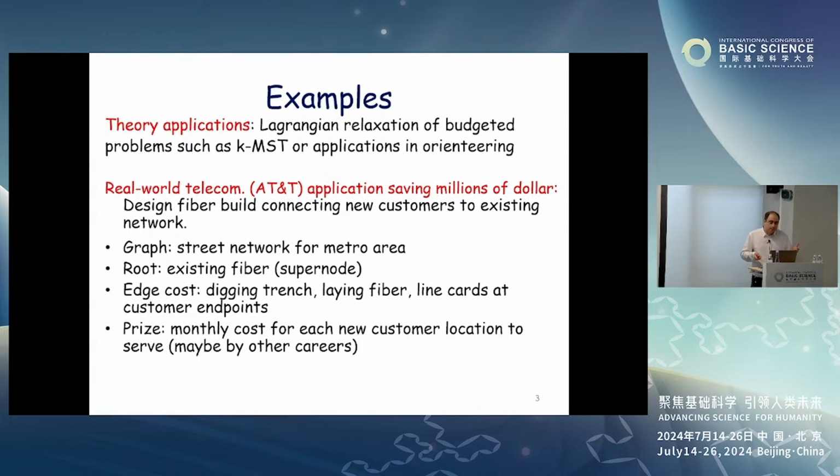AT&T has a problem like this: say that you want one fiber to connect an essential graph and consider work to essentially connect new customers.